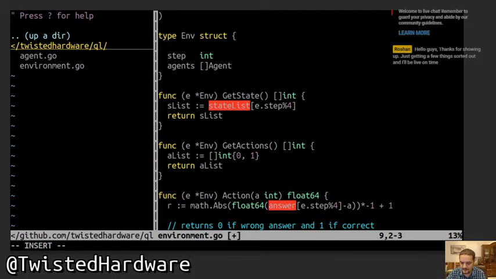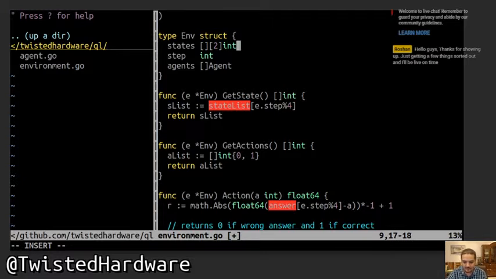So I will call it states, which is a slice, basically an array of two numbers.